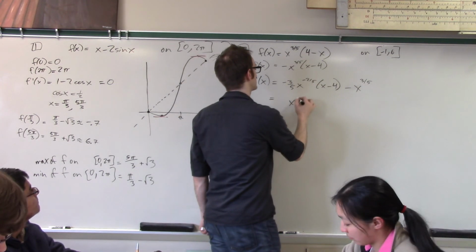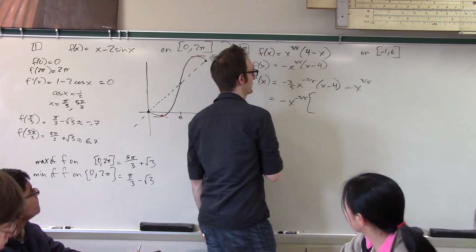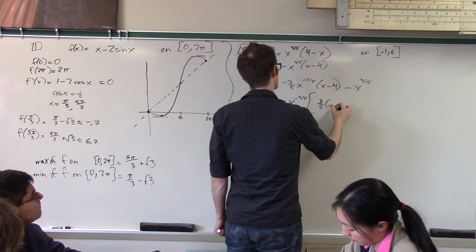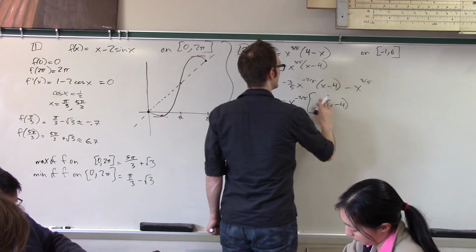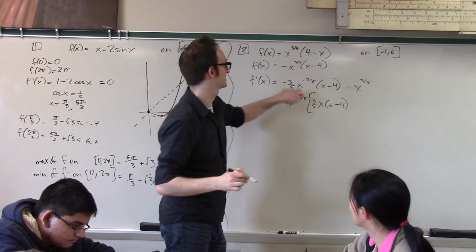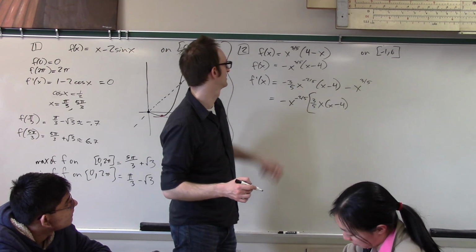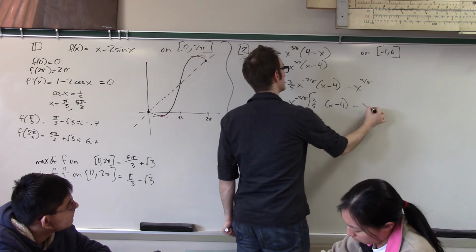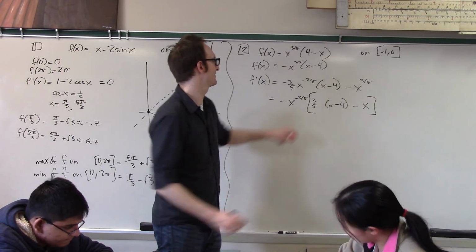Take out an x to the negative 2/5, and also take out a negative. If I do that, I will get 3/5 x minus 4 minus, and then times an x also, right? Because x to the negative 2/5 times x to the 1 is just x. Here should be an x, right? Yes.